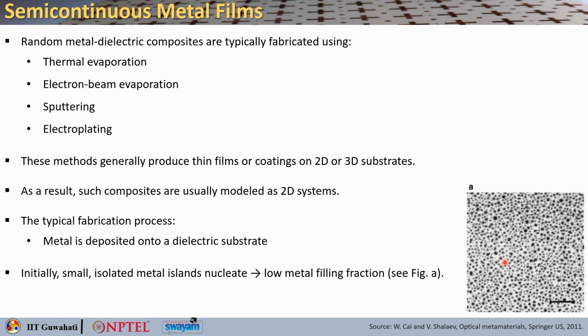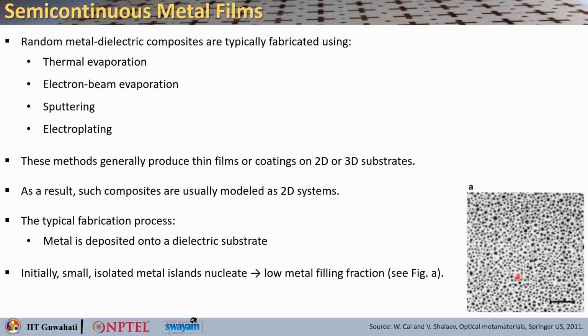So, this figure is basically a TEM image or transmission electron microscopy image of a typical metal dielectric composite that follows the Maxwell-Garnett geometry we have seen earlier, right. So, these are basically nothing but small isolated metal islands. The dark spots that you can see correspond to low metal filling fraction.